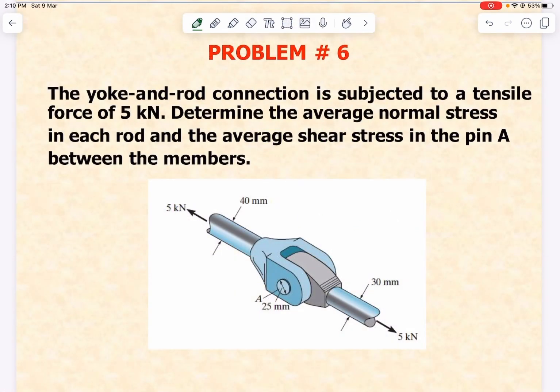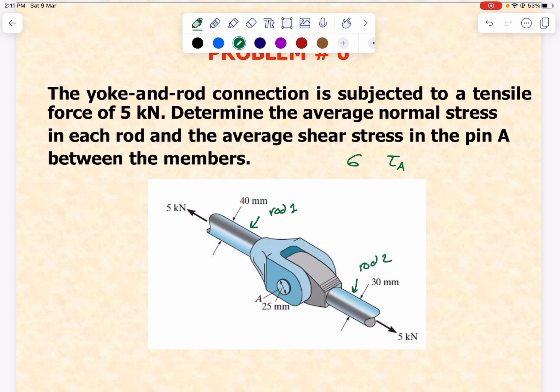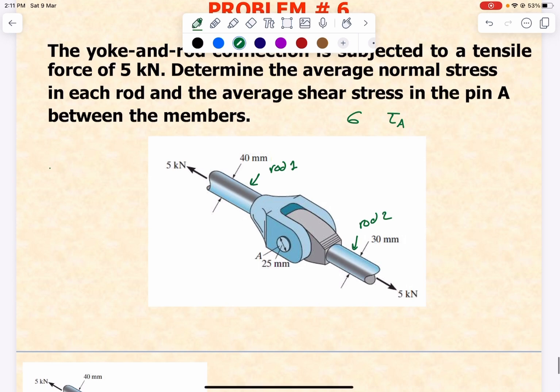Okay, for this example, the yoke and the rod connection is subjected to a tensile force of 5 kilonewton. So we need to determine the average normal stress, which is sigma, and we need to determine the shear stress in pin A. Okay, so for this one, I'm gonna call it rod 1, and this one is rod 2. So sigma in 1 is equal to 5 kilonewtons over the area, which is 40 squared times pi over 4.